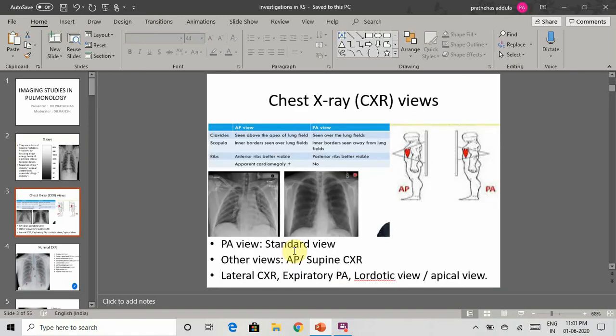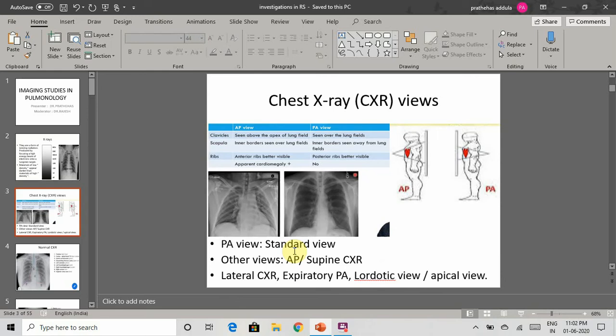Coming to the most popular views, one is the AP view and the PA view. To differentiate between AP and PA view, we can use the following points. Clavicles are seen above the apex of the lung field in AP view, whereas they are seen over the lung fields in PA view.